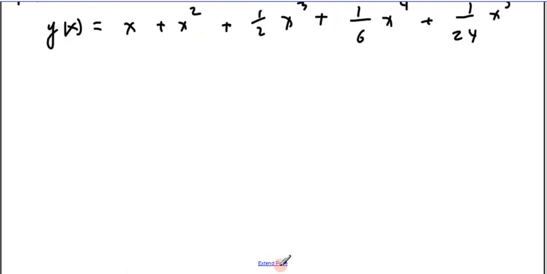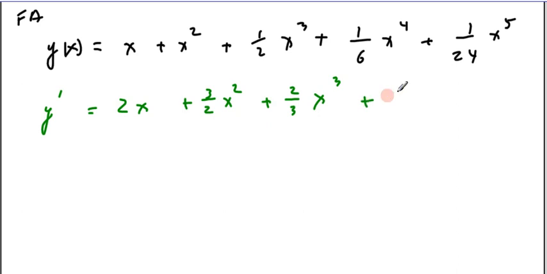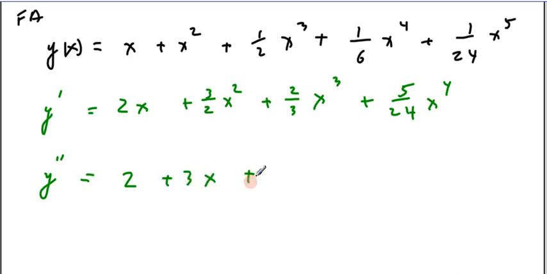So y prime is going to be 2x plus 3/2 x squared plus 2/3 x cubed plus 5/24 x to the 4th. Y double prime is going to be 2 plus 3x plus 2x squared plus 5 over 6 x cubed.